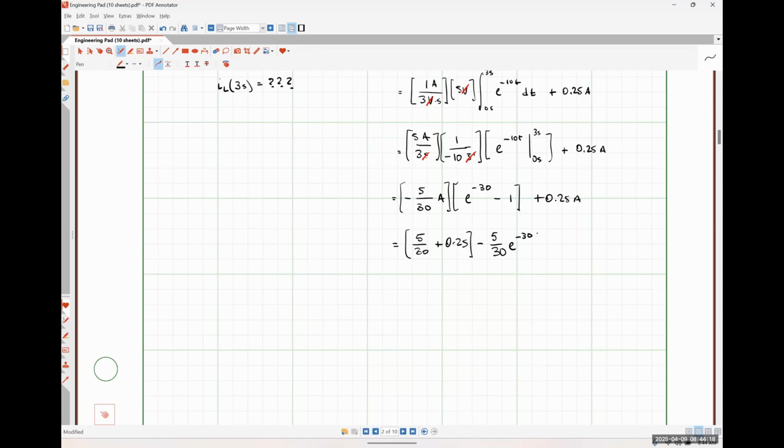And now I'm just going to throw this into my calculator. And I got 0.416 repeating amperes.